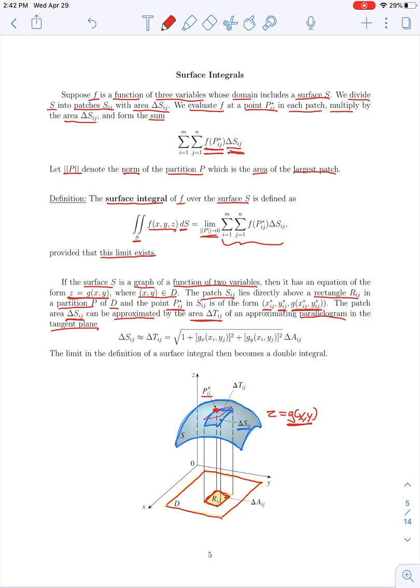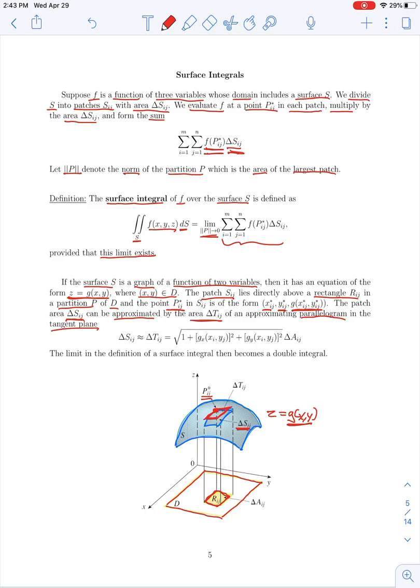So for our surface S at this point P sub ij, we can find a tangent plane to the surface at that point. And within that tangent plane, we can form a small parallelogram. And the area of that parallelogram would be an approximation for the area of this subpatch delta S sub ij.